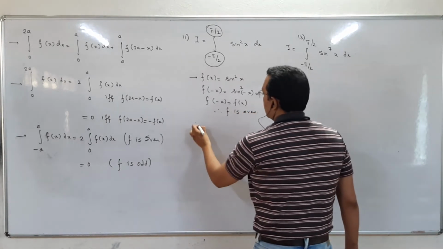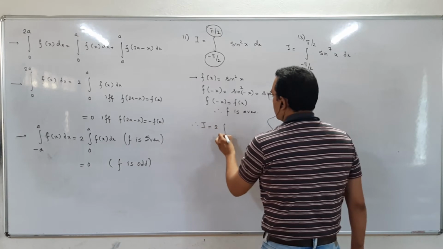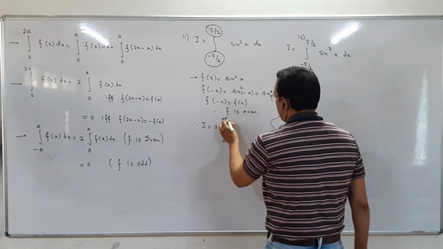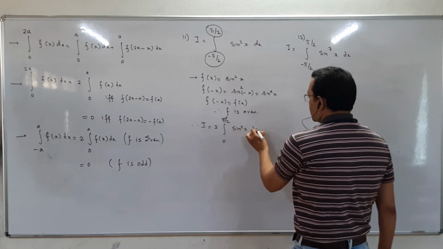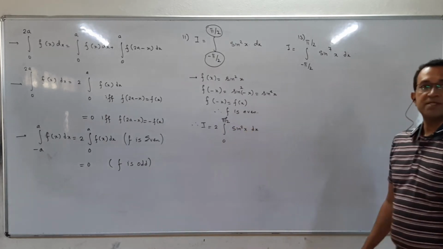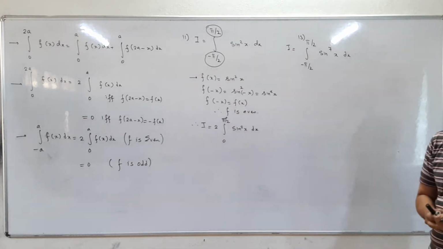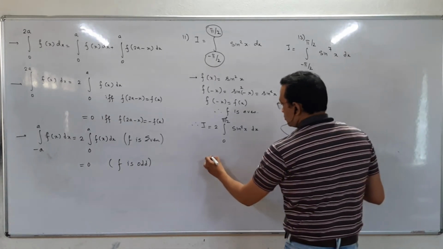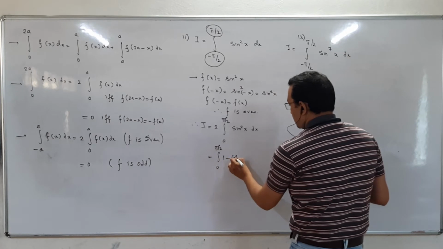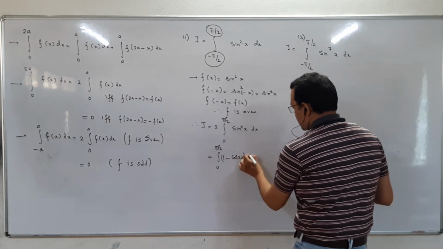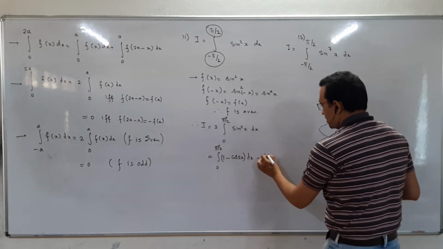So this integral, according to even odd property, changes to twice integral 0 to pi by 2 sine square x dx. Now replacement for sine square x is what? 1 minus cos 2x by 2. So this 2 and 2 get cancelled, and this becomes integral 1 minus cos 2x dx.